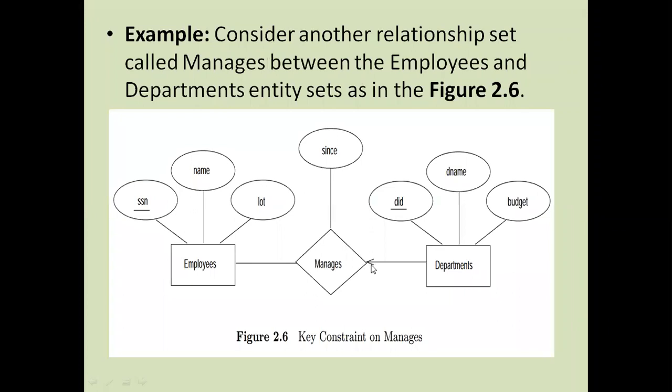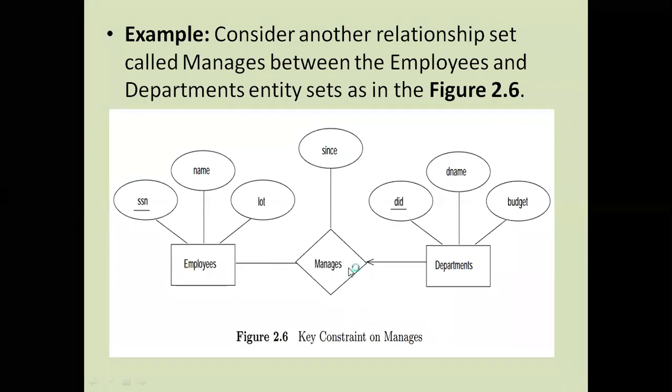If you observe here, consider another relationship set called manages, between the employees and departments entity sets. Here the department plays the manager role. That means the department manages the employees. At this situation we are representing many departments, but here only one. Why? How can we observe that? Here we are not representing anything. That's why this is the total participation.